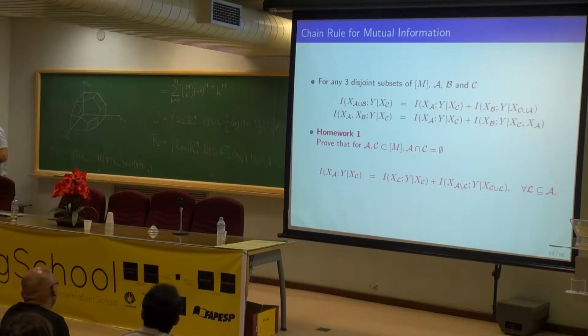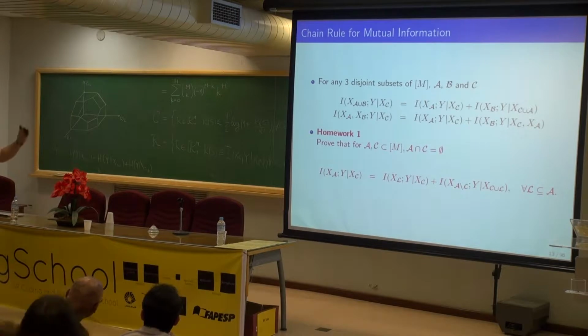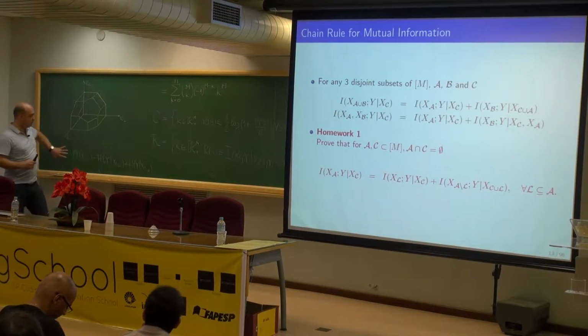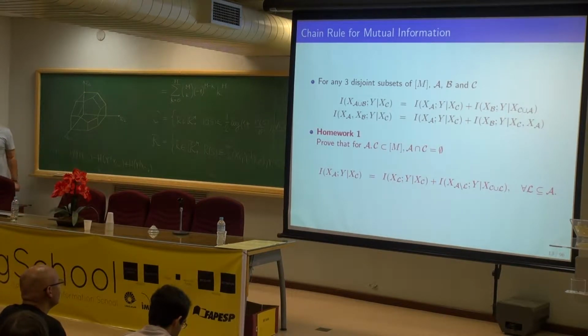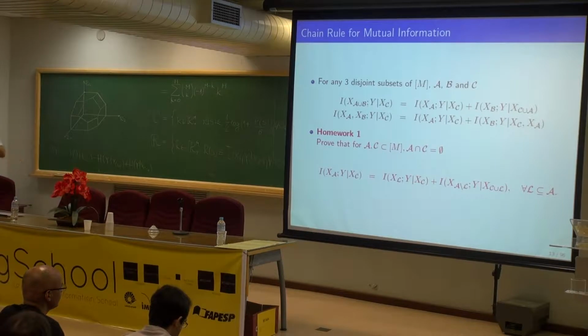What do you get? Just minus and plus, and that's it. Because this one combined with this one is the first mutual information. This one combined with this one is the second. That's it.